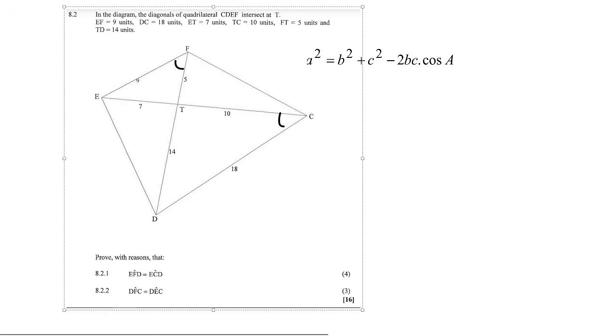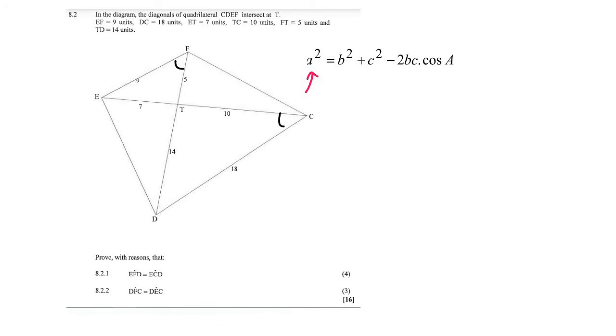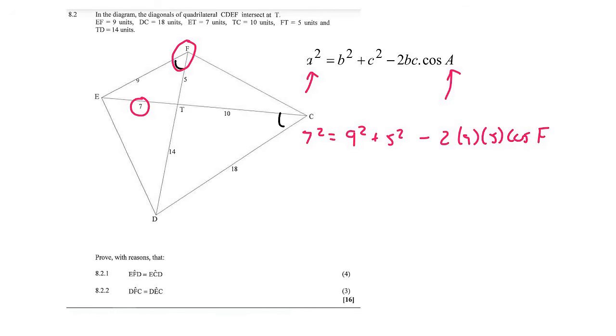So, in the cos rule, this side is always opposite the angle. So let f be the angle. Then the 7 is the opposite. So it'll be 7 squared equals 9 squared plus 5 squared minus 2 times 9 times 5 cos. Now we don't know the angle, so we just say cos f. Now what we can do is write that as 49 actually.